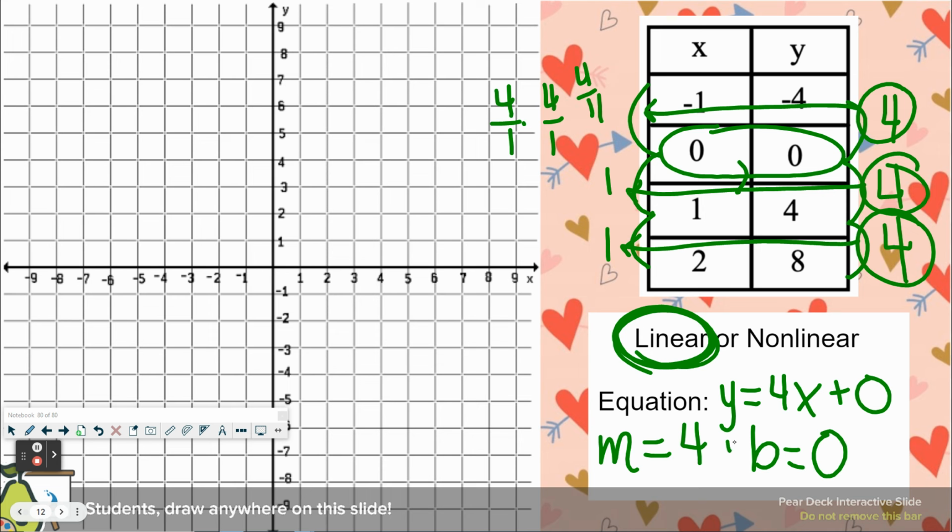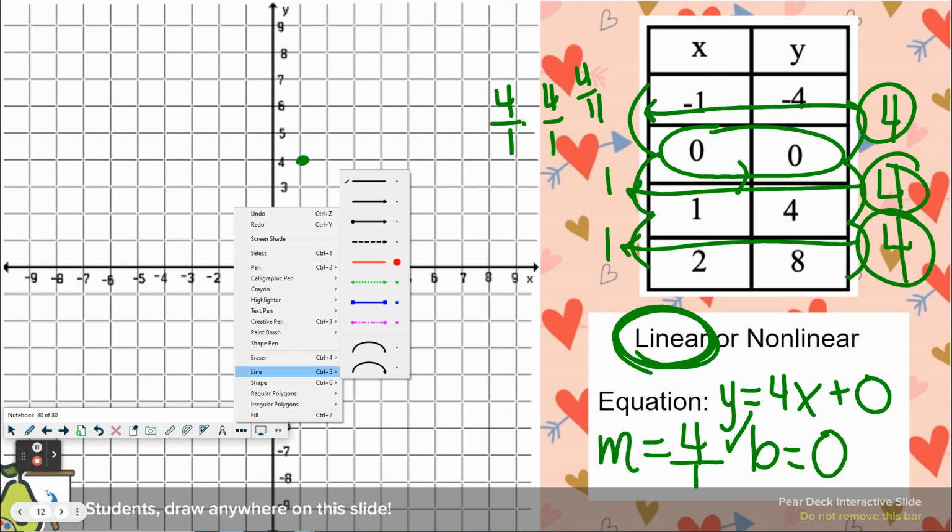Okay, you should have done your b first. That's at the origin. And then we try to make slope a fraction. I'm going to go in my elevator up, and I'm going to go up 4 floors. And I'm going to go over 1, and then we'll make a line.